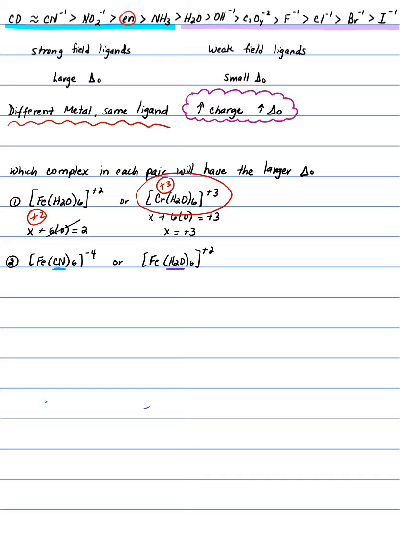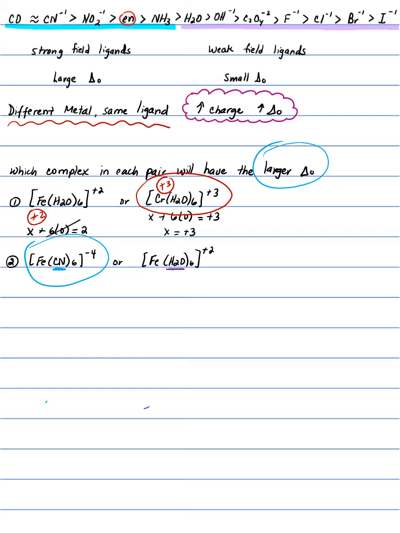Since we're looking for a large splitting, the one that has a strong field ligand will have a larger splitting than the one that has a weak field ligand. But we can also compare compounds with weak field ligands, both of them. You can have iron with CN, and you can have iron with NH3 instead of water.